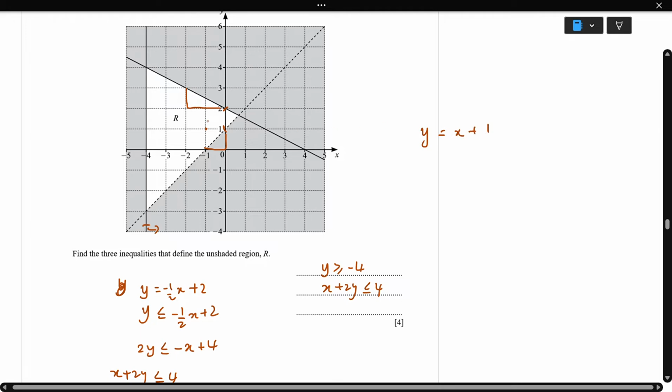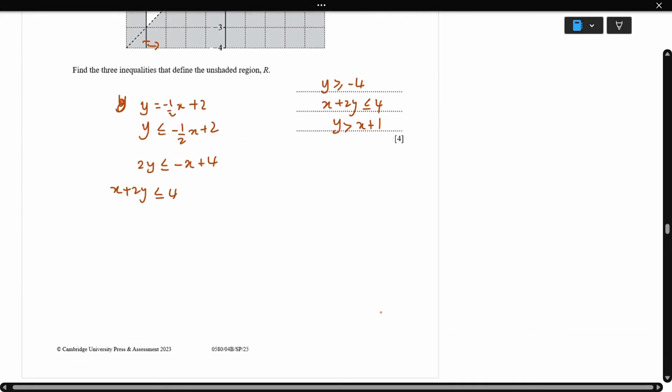Now we'll check which side. I take the point negative 1 comma 1 and substitute: negative 1 plus 1 is 0. This side becomes less, here is greater. So y greater than x plus 1. That's it, I got all three inequalities.